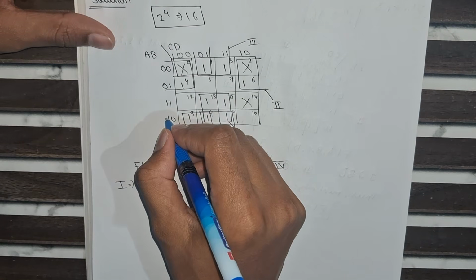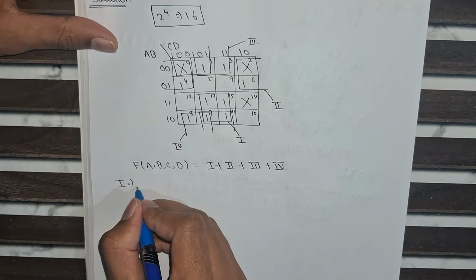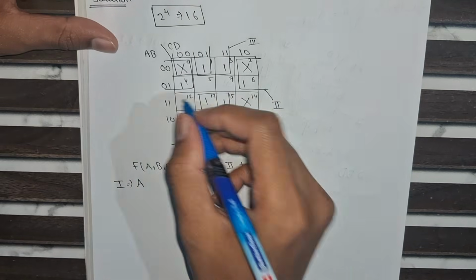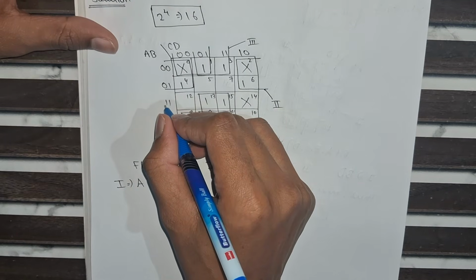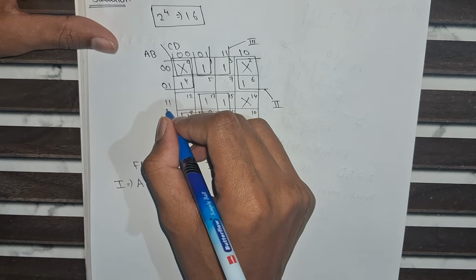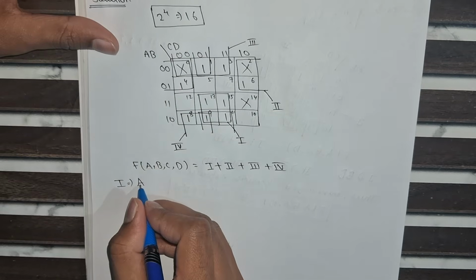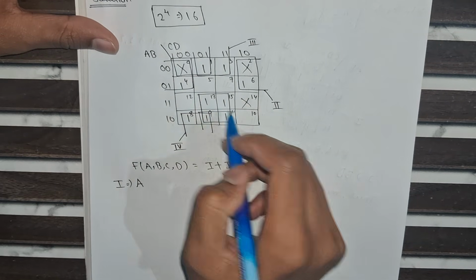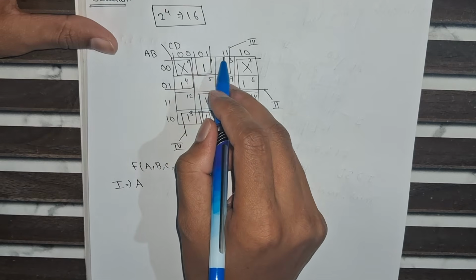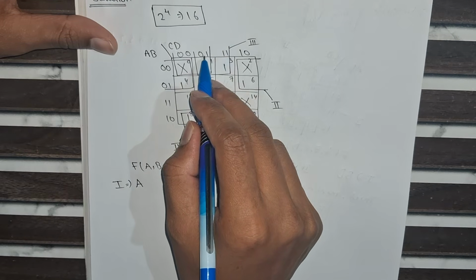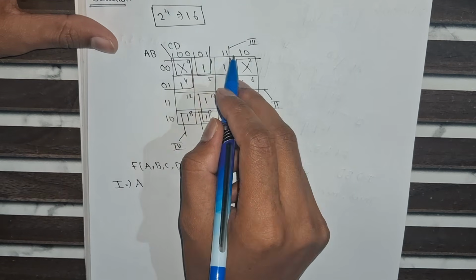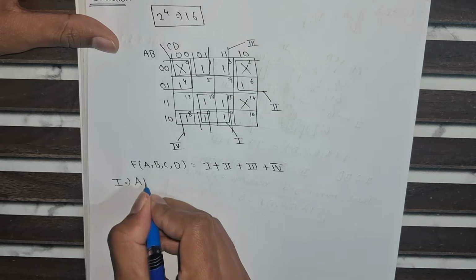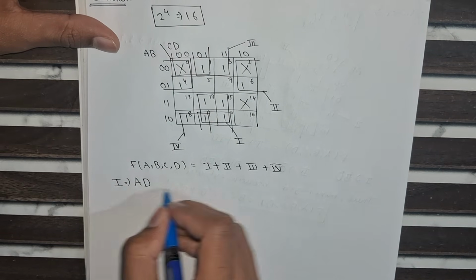Meaning 1 to 1 is the same for A, so we will write A, not A bar, because it is 1. If it were 0 to 0, then we would take A bar. So for A I have taken A. Now we will see for CD. For the first group it is covering 01 and 11. So 0 to 1, C is changing, but D is not changing. D to D means 1 to 1, so we will write D. This is our first minimized group.